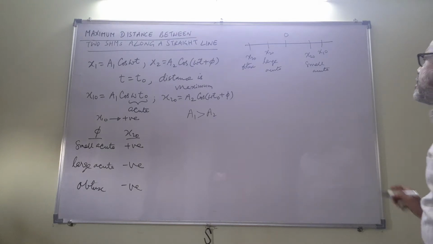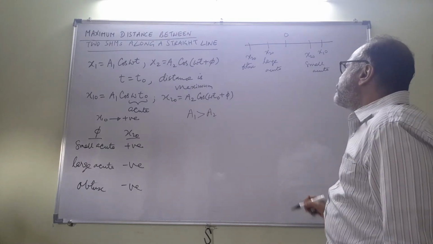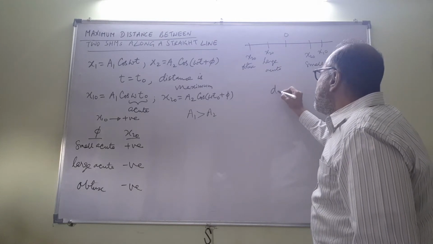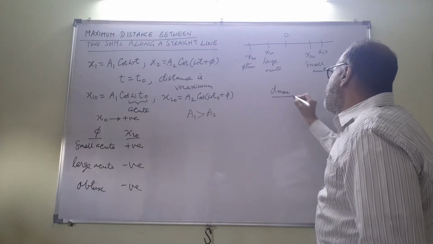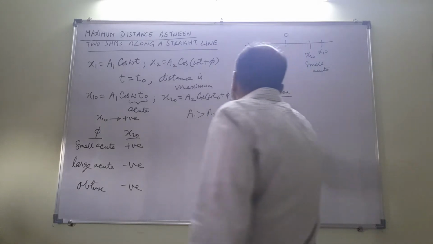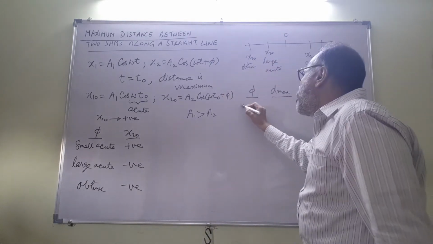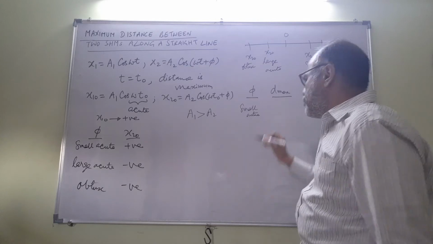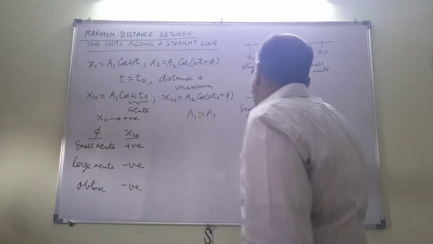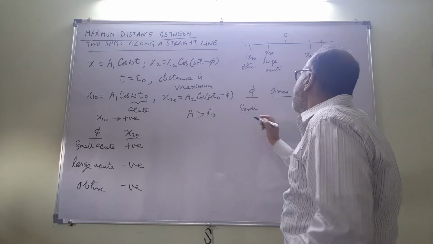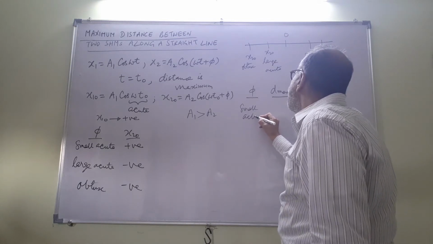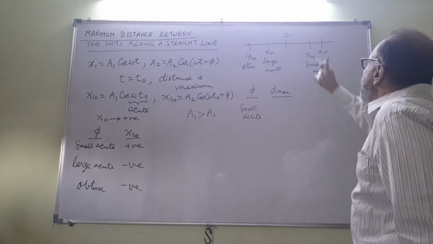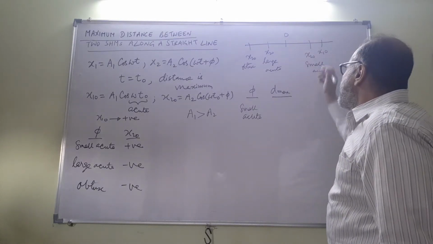Now this being the case, we can now see what will be Dmax, the maximum distance. The maximum distance when phi is a small acute angle would be x1 naught minus x2 naught.